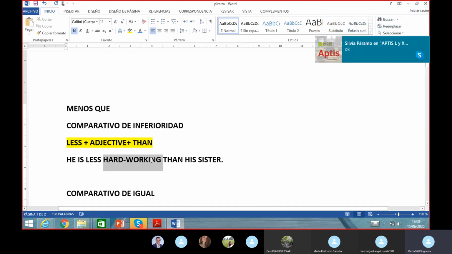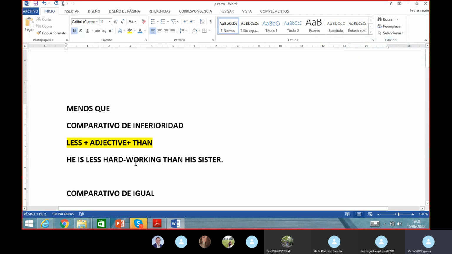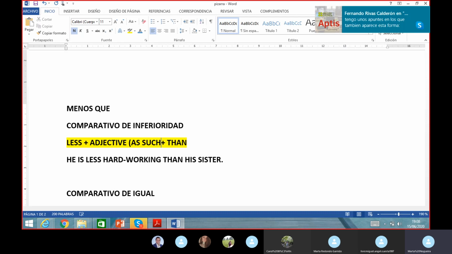Aquí era largo, ¿vale? Pues voy a poner he is less tall than his sister. He's less whatever. El adjetivo sea largo o corto, lo que sea, lo dejamos tal cual, ¿vale? Adjective, voy a poner aquí tal cual. Tal cual es as such en inglés, no sé por qué lo pongo, mezclo español e inglés. As such es tal cual, ¿vale?